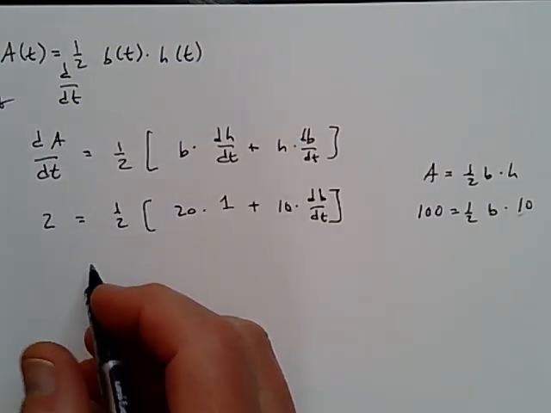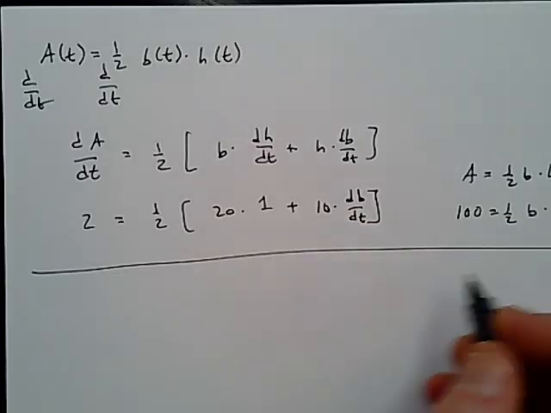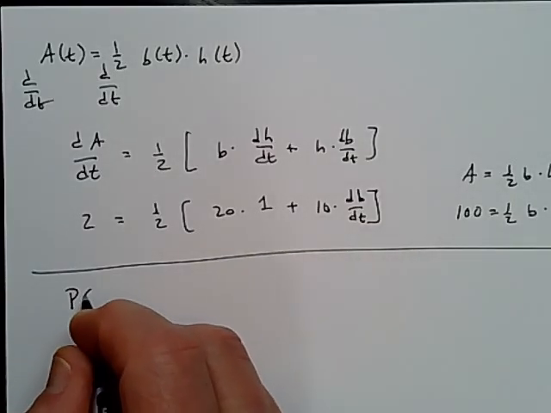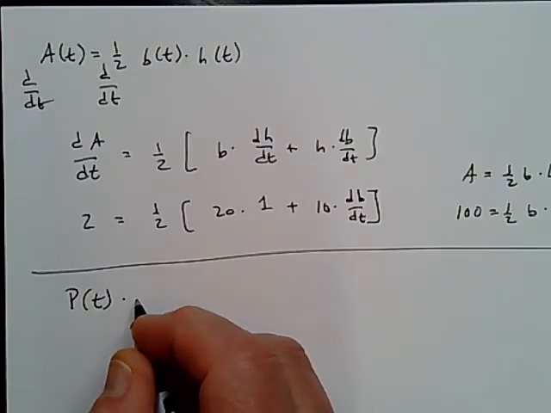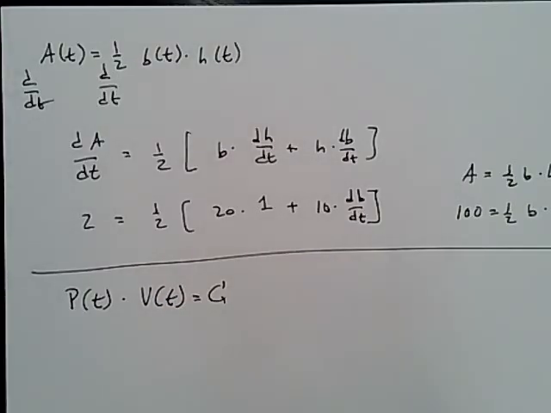So let's say here, there we go, back to the left-hand side, so it's pressure P of T times V of T equals not C of T, just C. Okay?